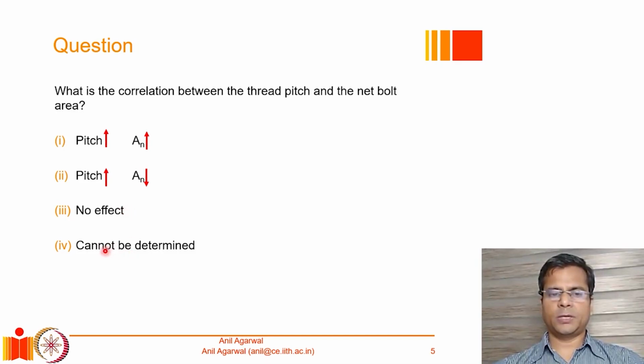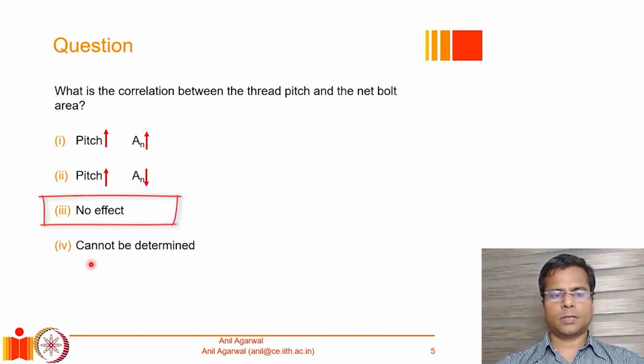If it cannot be determined, please answer 4. I'll wait for you to answer. Okay, the correct answer is that as the pitch is increased, the net cross section area decreases.